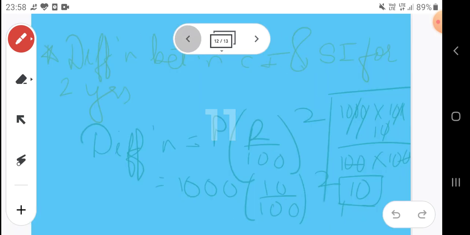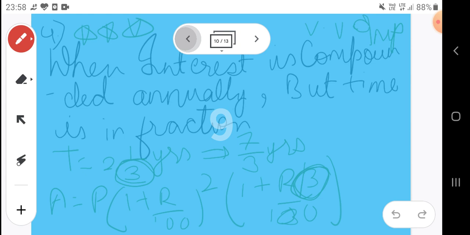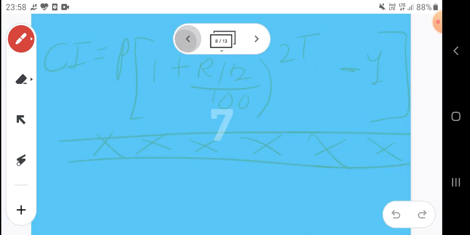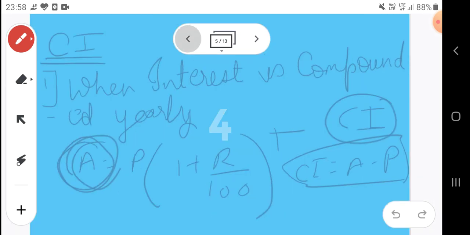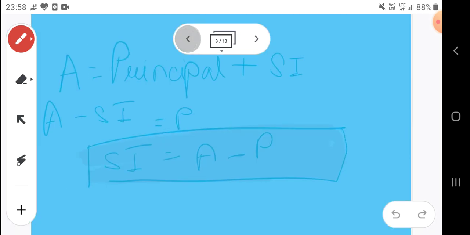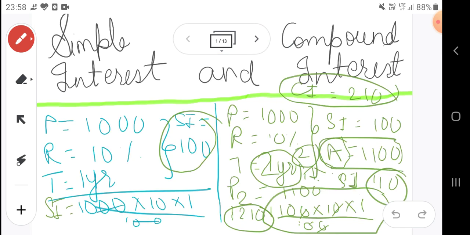Starting with simple interest and compound interest, I have even given you examples of how to find simple interest and how to find compound interest.